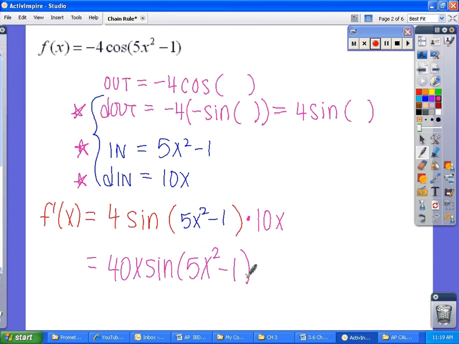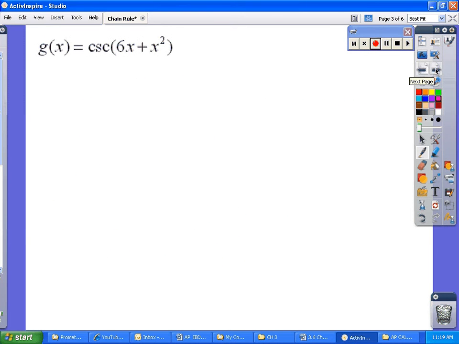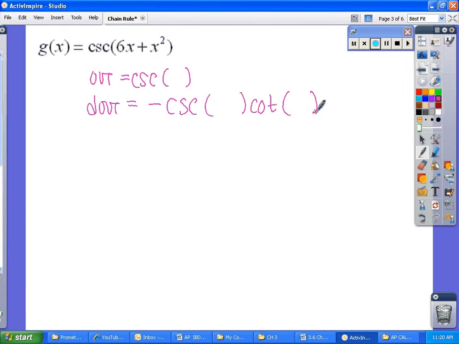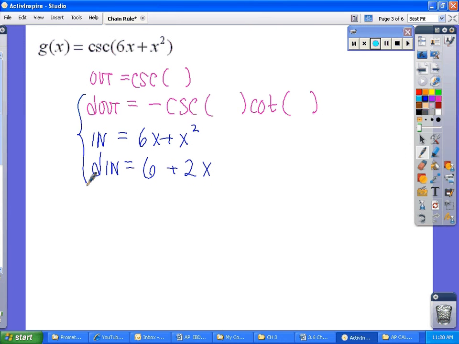Looking at the second problem on the quiz: cosecant. Your outside function would be the cosecant. Therefore, the derivative of the outside is negative cosecant cotangent of. Your inside function would be 6x plus x squared. The derivative of the inside would be 6 plus 2x. We're going to use these three to create the derivative rule.